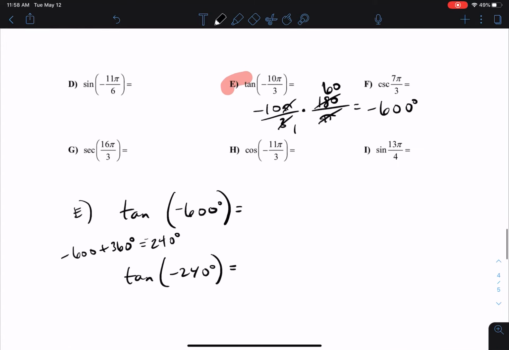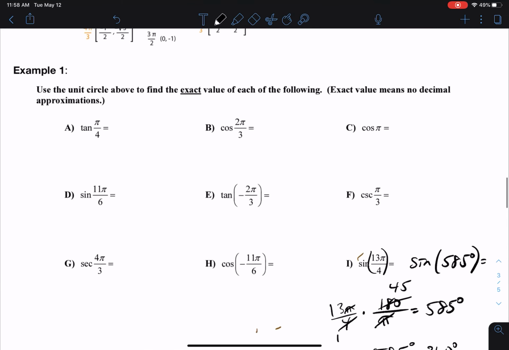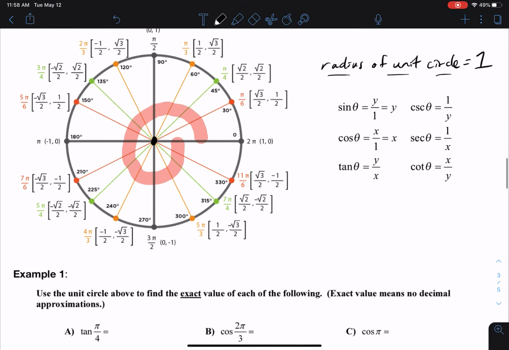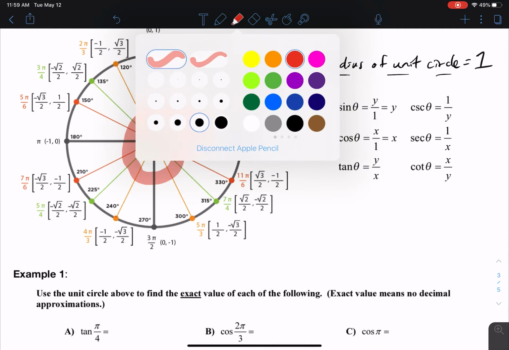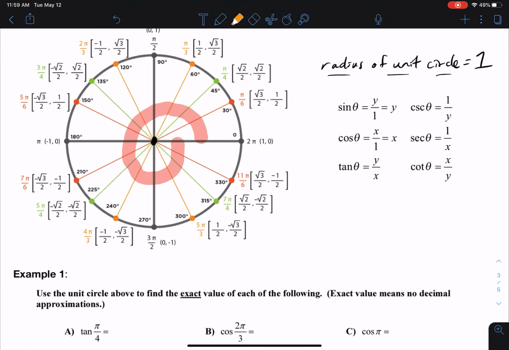Let's go back to the unit circle. Let me use a different color. We've gone negative 360, now we have to go negative 240. This is negative 90, this is negative 180, this is negative 210, negative 225, negative 240.